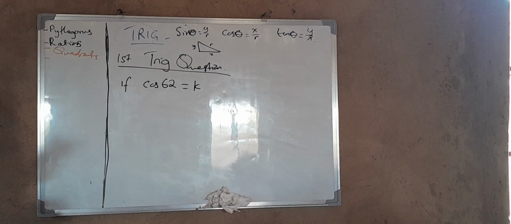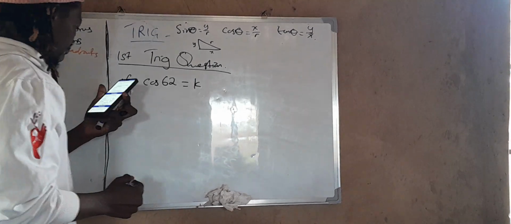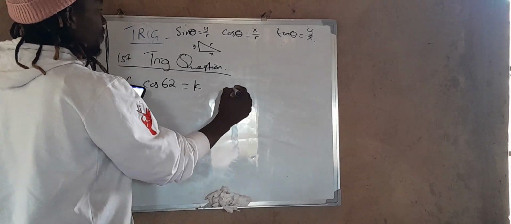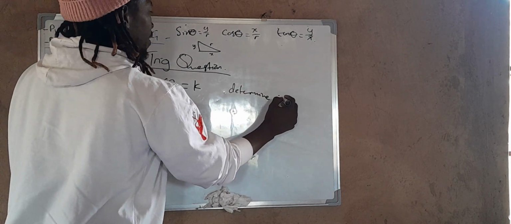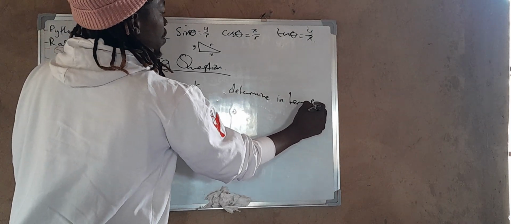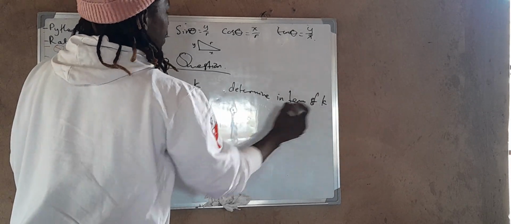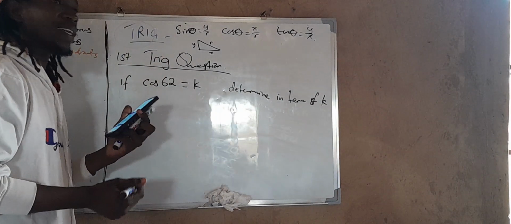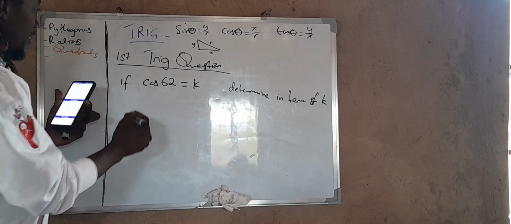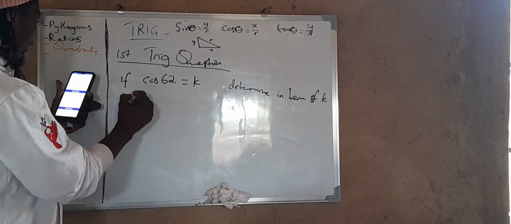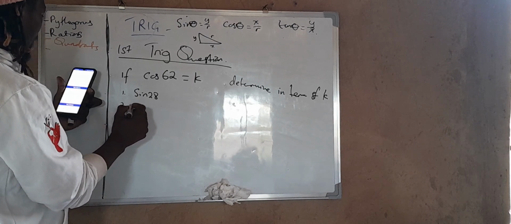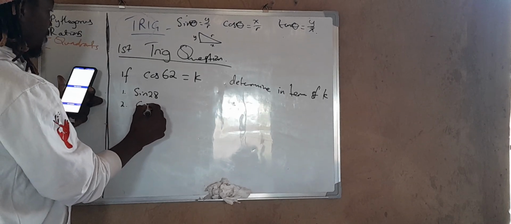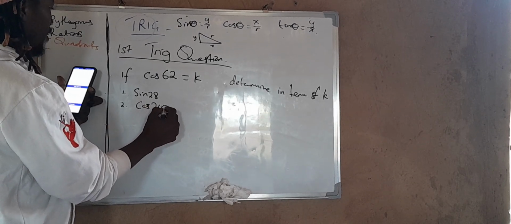If cos 62 is equal to k, and then they say determine in terms of k the following. So the first one that we'll determine is sine of 28. And we're going to also determine the value of cos 242.